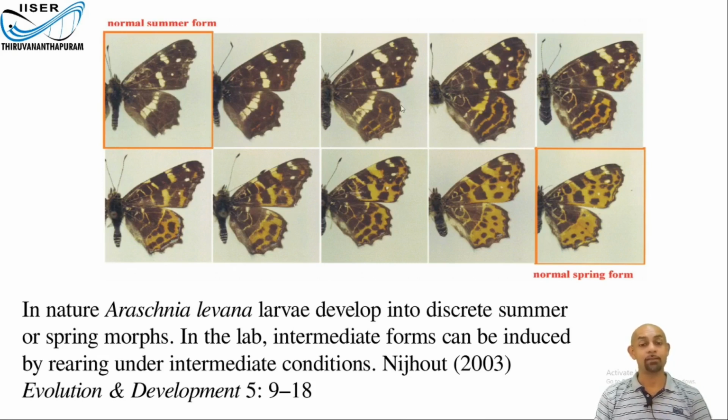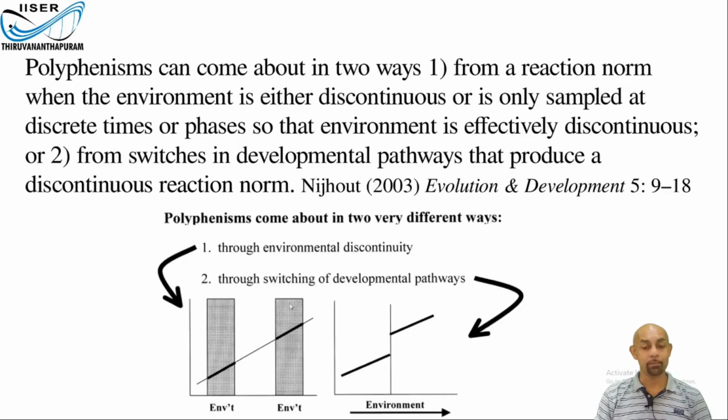So under lab conditions, if you were to grow them under a range of photoperiod conditions, so here you have long day length, here you have short day length, and if you varied this in many steps, you in fact get many intermediate phenotypes. But you don't see this in nature because under natural conditions, they either experience this end of the spectrum or this end of the spectrum. So this would be an example for this kind of scenario.